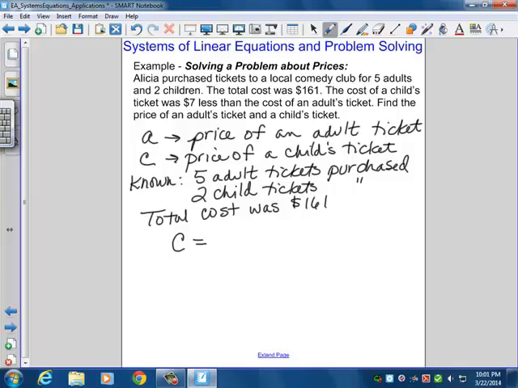Remember, we've got that less than connotation. When we have words like less than that tell us it's a subtraction, and we write an equation, we have to swap their places. So C is equal to A minus 7. So I now have one of my equations solved for one of my variables. So this is looking like a substitution problem.